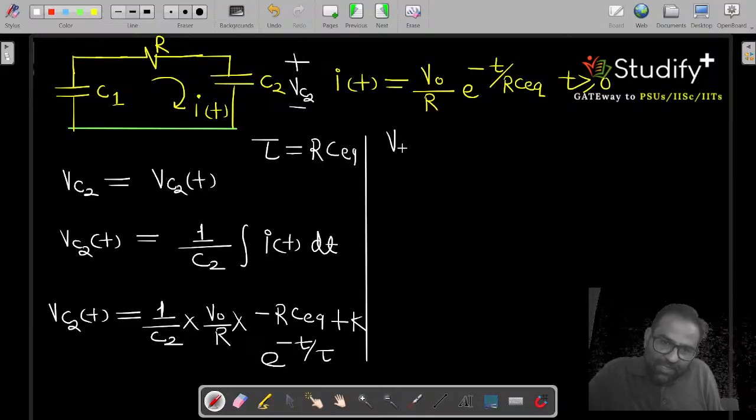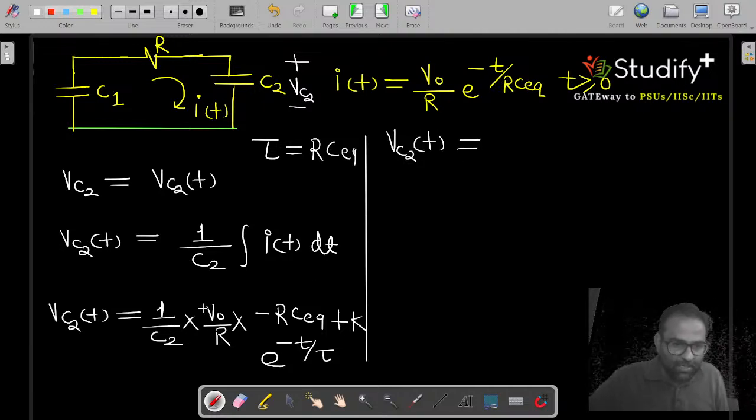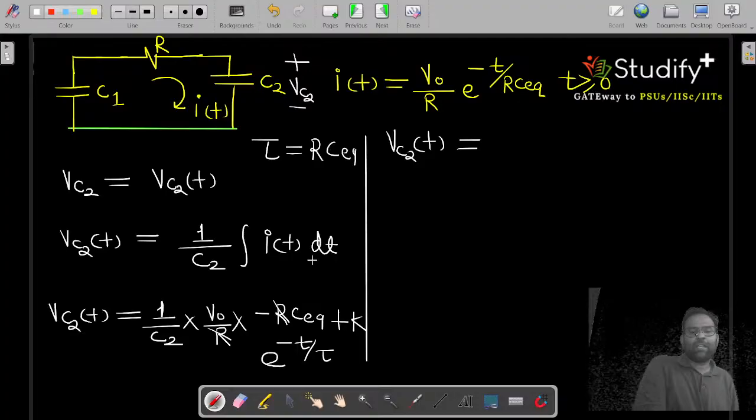So you can say VC2t is given by, what is cancelled from here? R and R is cancelled. C equivalent is C1 C2 divided by C1 plus C2.